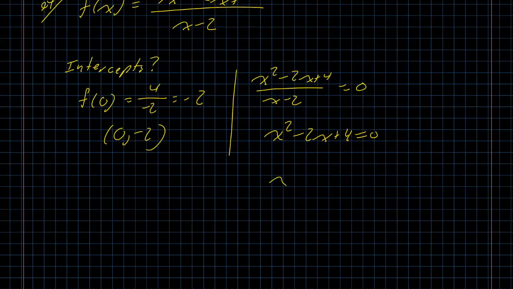quadratic formula. x is equal to the opposite of b, the opposite of negative 2 is positive 2, plus or minus the square root of b squared, which is negative 2 squared, that's 4, minus 4 times 1 times 4, that's 16, all over 2 times 1, which is 2.